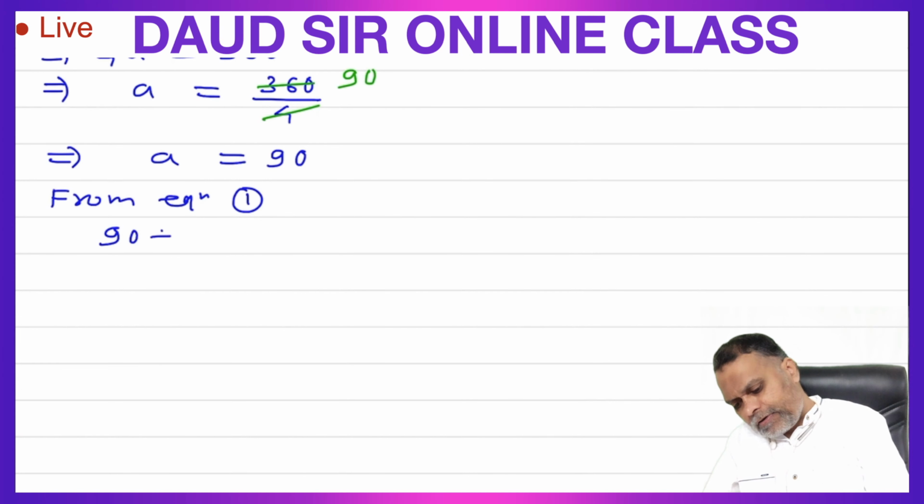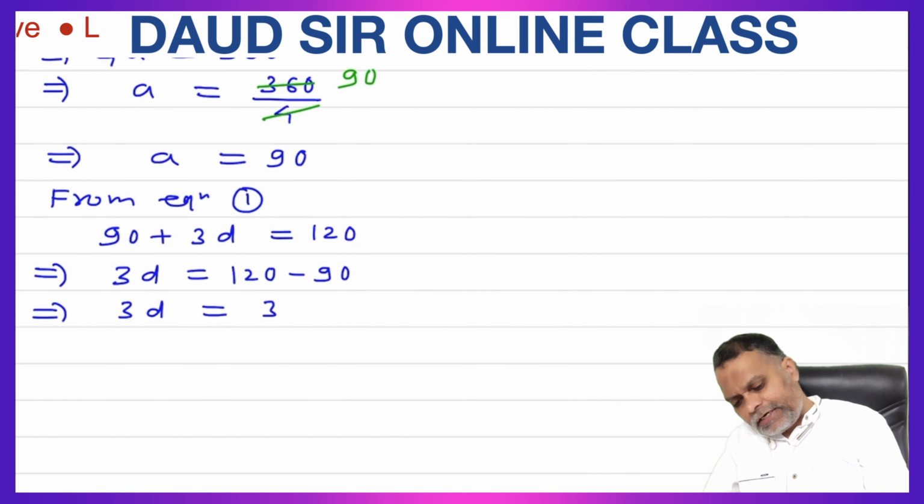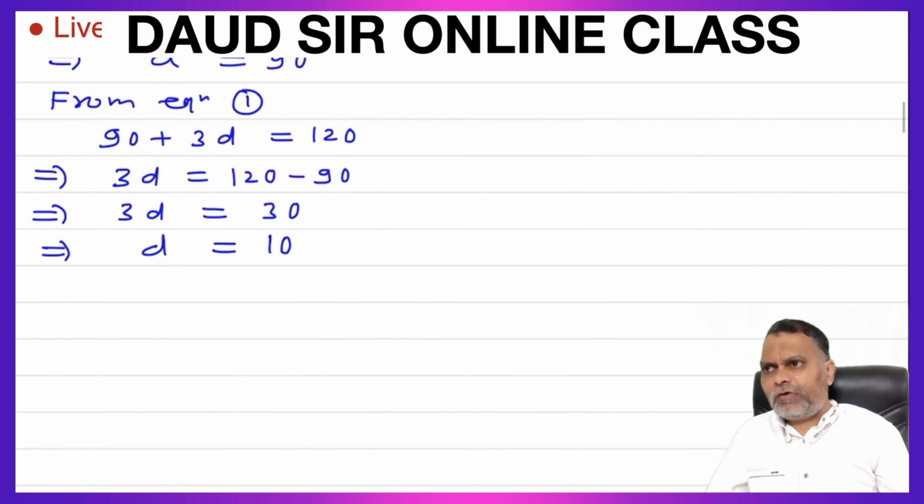A 90 plus 3D is equal to 120. So 3D is equal to 120 minus 90, 30. Dividing by 3, D is equal to 10. So here we have got A and D. A is equal to 90 and D is equal to 10.